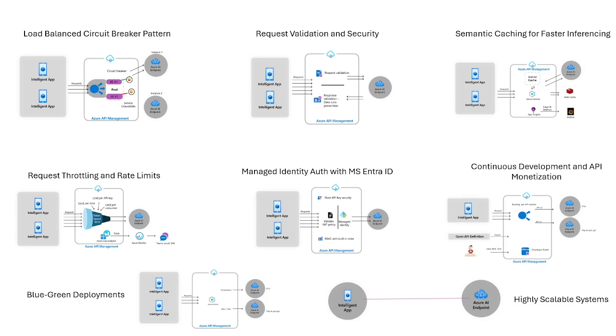On your screen, you have a couple of use cases with Azure API Management instance and Azure AI. So going through the first use case, we have load balance breaker, which will ensure high availability and graceful failure handling.